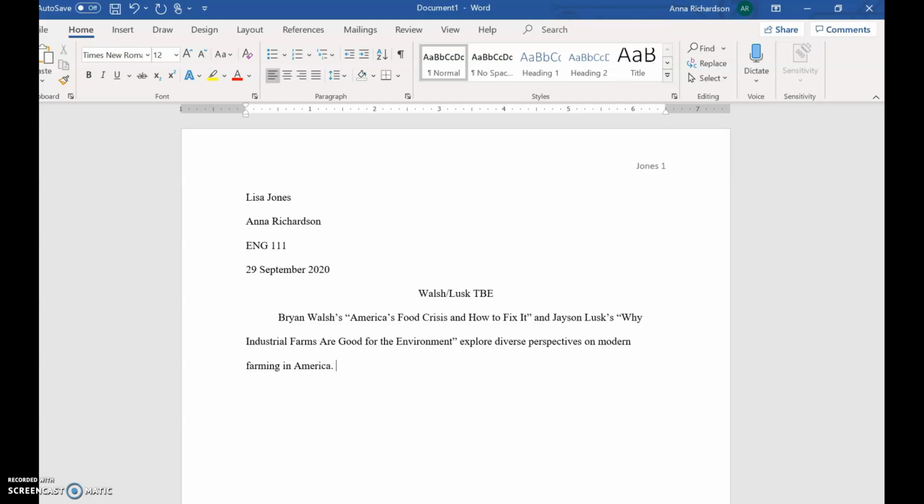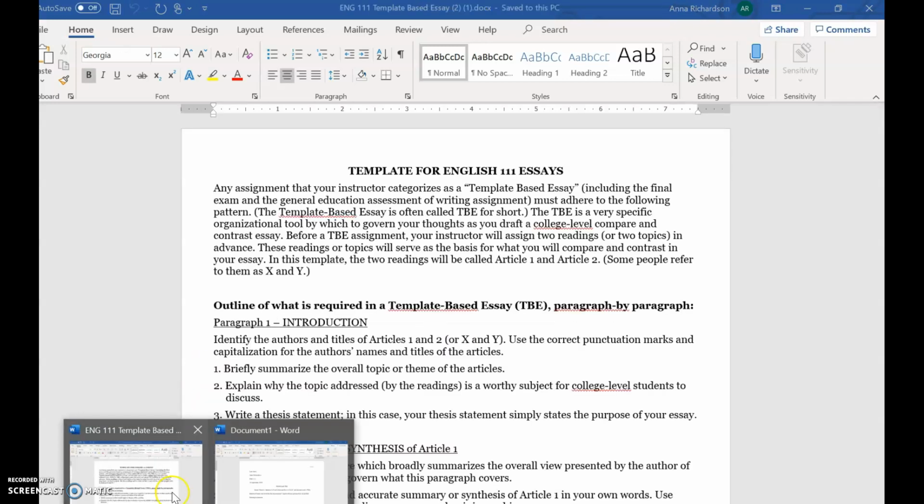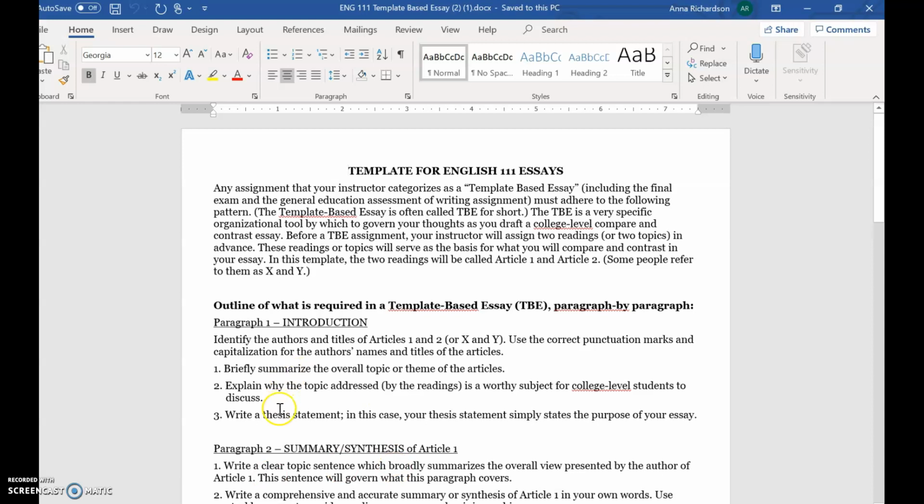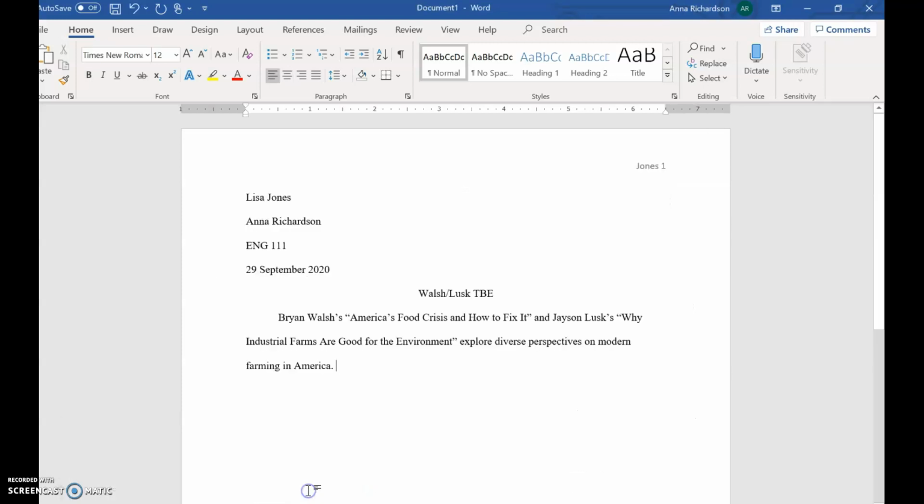Okay? The second sentence that I'm supposed to write for this introduction is explain why the topic addressed is a worthy subject for college level students to discuss. I'm going to let you do this sentence, but it might start out with something like this. This is a worthy topic of discussion because.